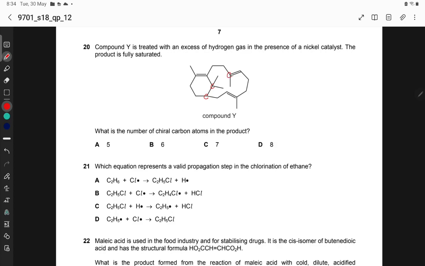This is again a chiral carbon atom. 1, 2, 3.